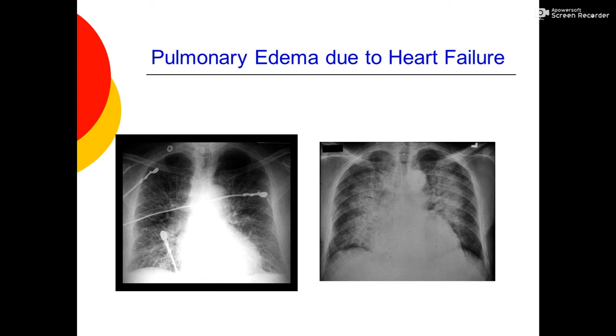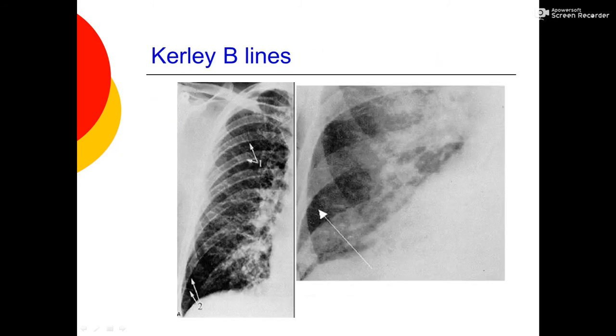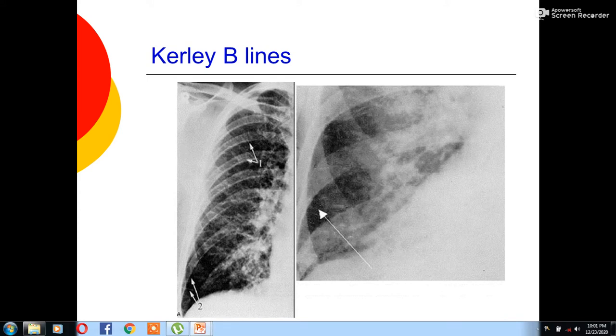Pulmonary edema, swelling especially at the level of the lungs, is due to heart failure. You can see it in this X-ray. These are Kerley B lines, which are also a clinical investigation finding.